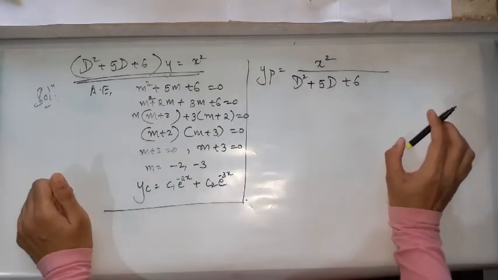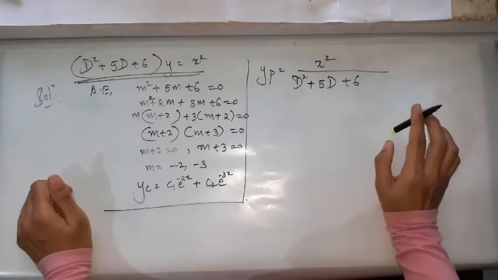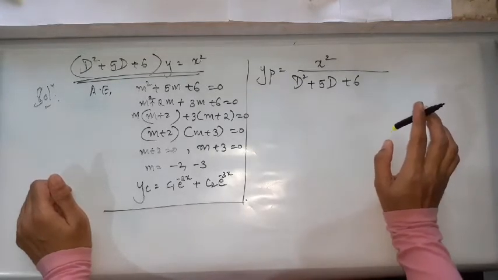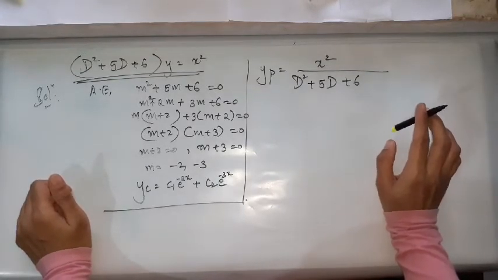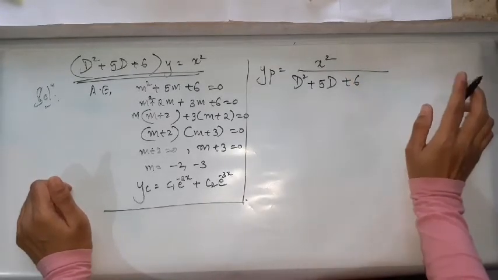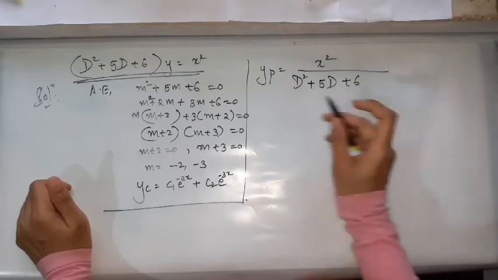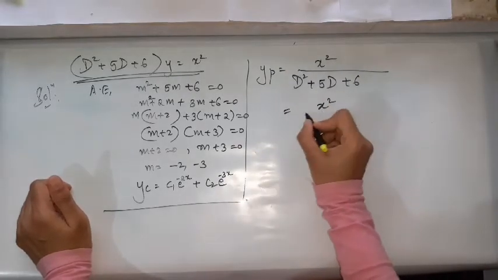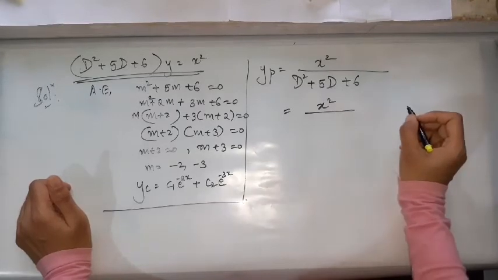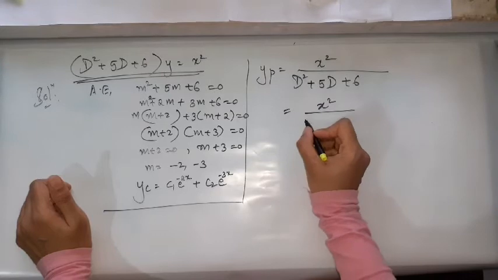You are going to write the numerator in the descending powers of x and write the denominator in the ascending powers of D. The numerator is not a problem at all because there is one single term, that is x square, so we cannot do anything to it, so we retain it as it is. But in the denominator there are three terms, and the term which is independent of D is 6, so that should be written first here.